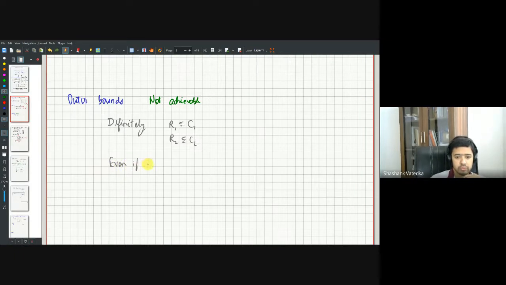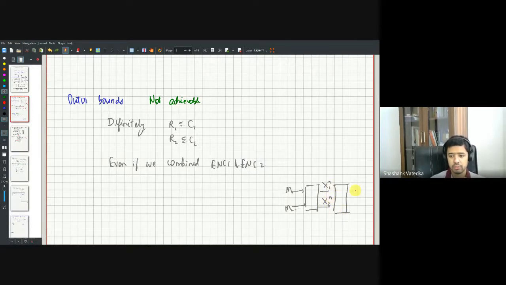So even if we combined encoder 1 and encoder 2, so that we had this sort of setup, M1, M2, X1^n, X2^n. You give this as input to the channel, and to the decoder, right?